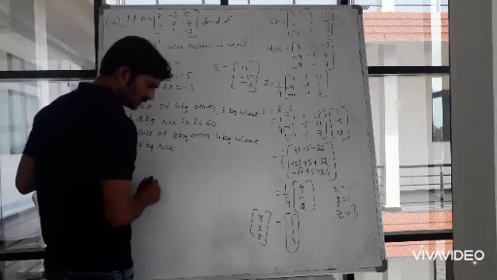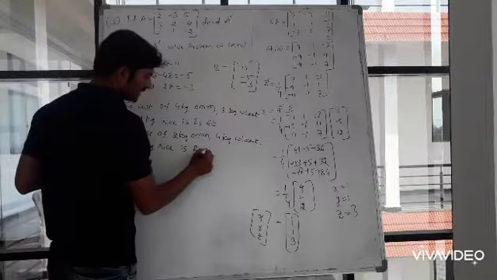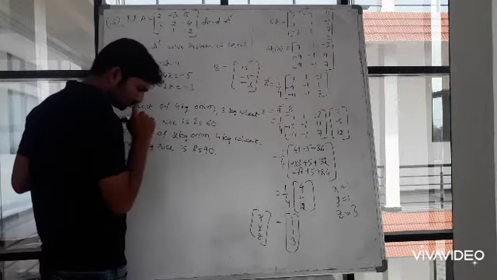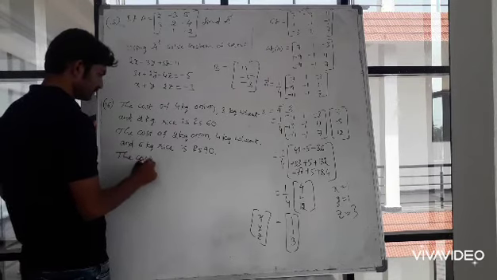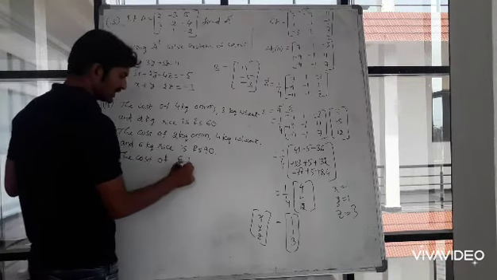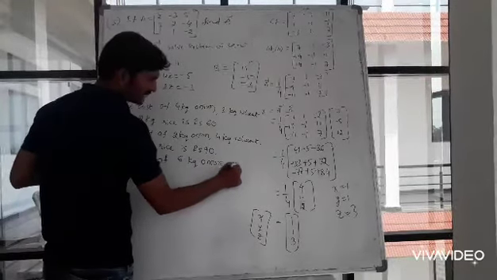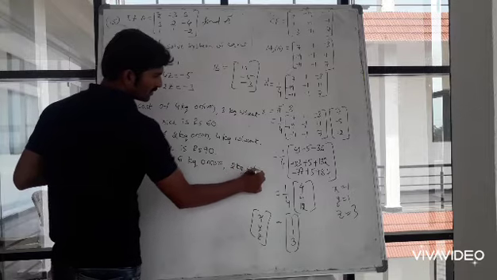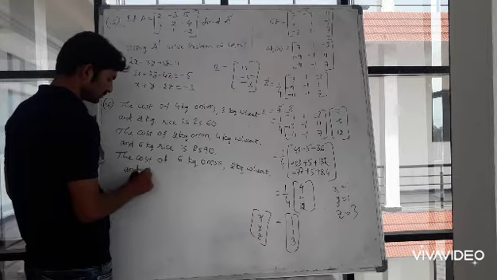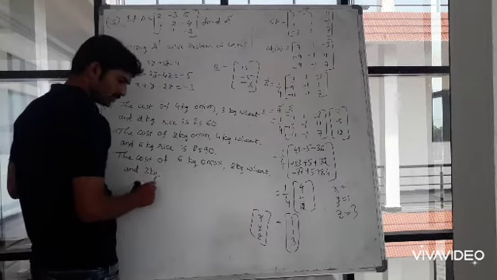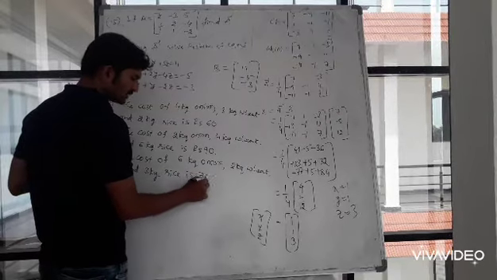The cost of 4 kg onion, 3 kg wheat and 2 kg rice is rupees 60. The cost of 2 kg onion, 4 kg wheat and 6 kg rice is rupees 90. The cost of 6 kg onion, 2 kg wheat and 3 kg rice is rupees 70.